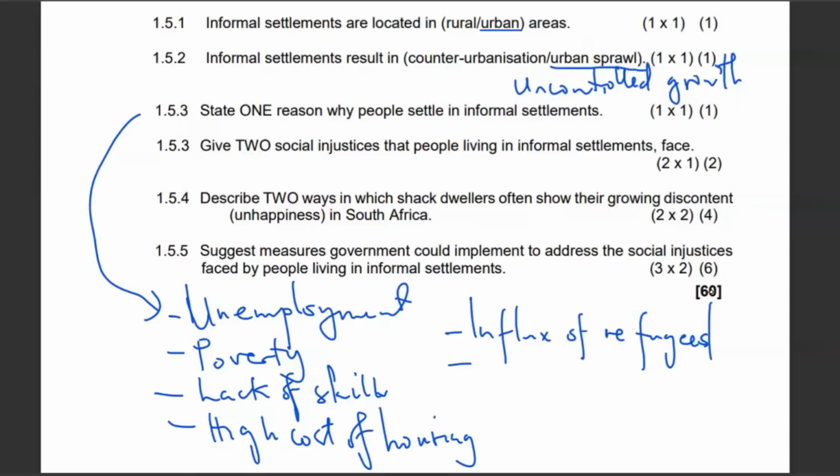Then also we can talk of an influx of refugees or foreign nationals into the country that has put pressure on the formal housing. And as a result, some people will opt to stay in the informal settlements. We can also add that there is pressure on housing in the formal settlements.